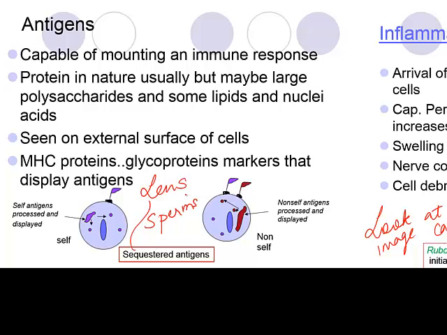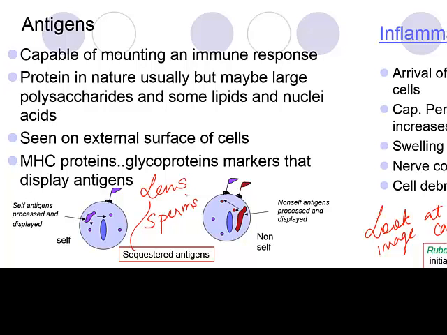Same thing happens with these sequestered antigens. Since the lens was never introduced to the body cells during development, the body thinks of the antigens of the lens as foreign. Sperms too never come in contact with the blood of a male. So if the sperm somewhere were to leak out, the body would recognize it as foreign and invaded.